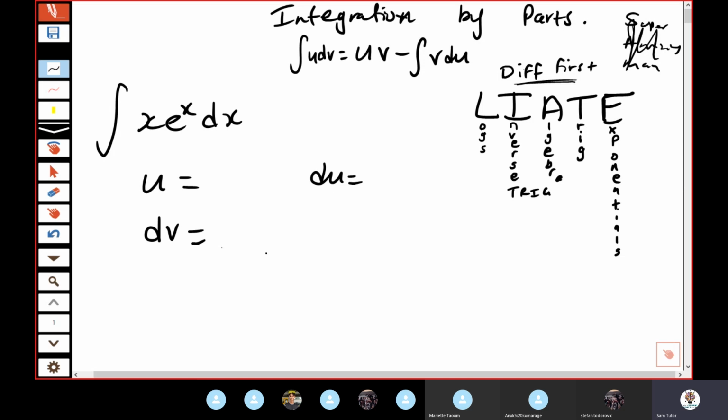After u, you write du, and underneath du, on the side of dv, you write v. So you write u, dv. Then this becomes du because you're going to differentiate this. This is going to become v, which means we're going to integrate this. So we're going to differentiate here, and we're going to integrate here.